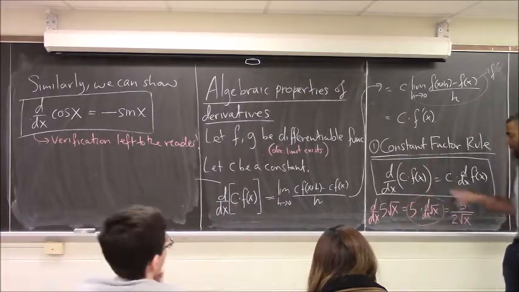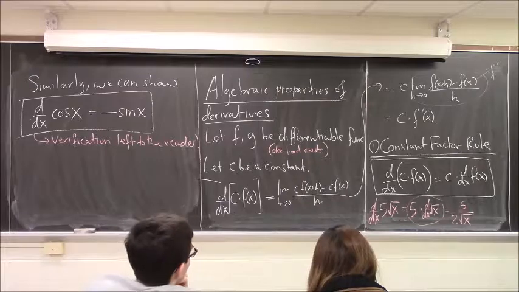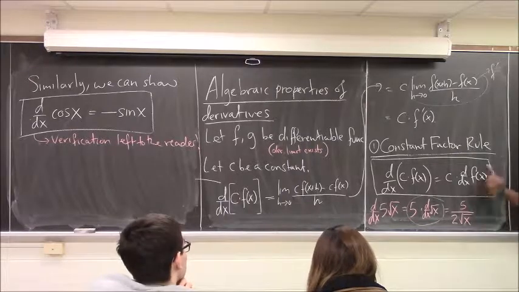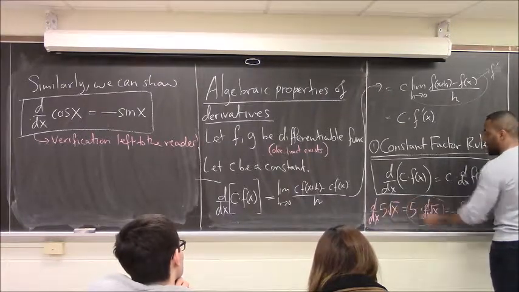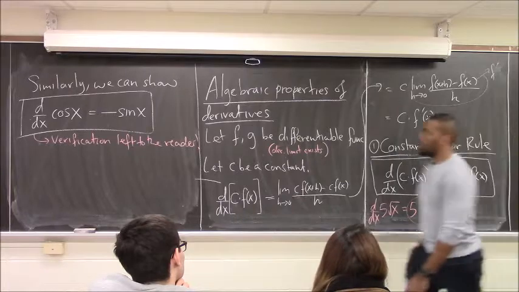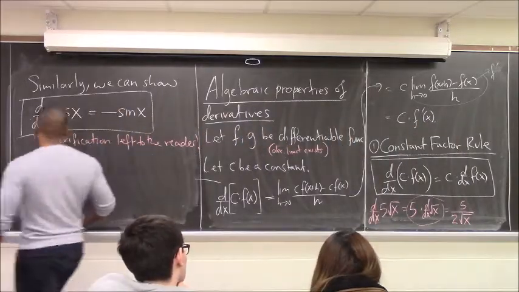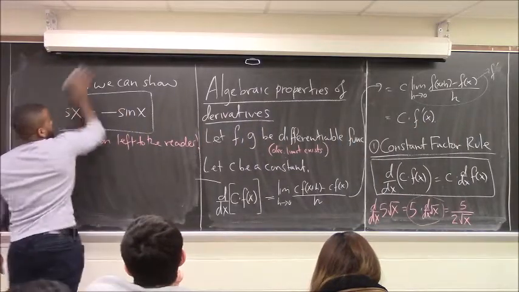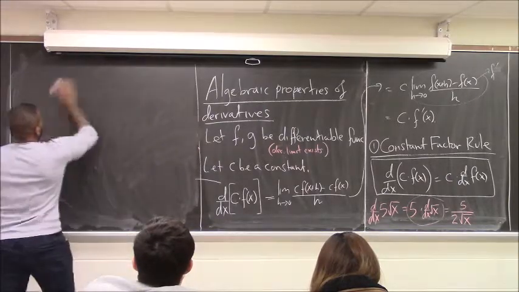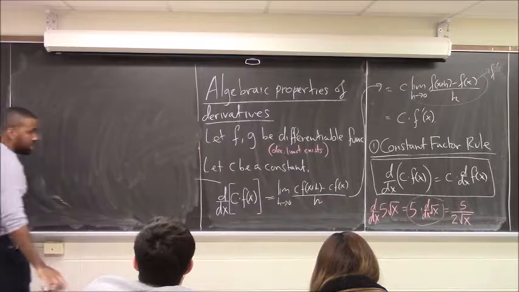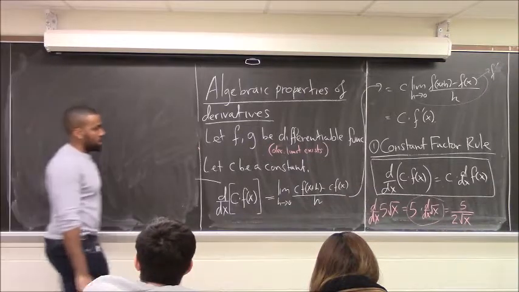If you jump from here to here, I'll accept it. But I just want to rewrite it out to emphasize the rule. You have a constant times a function. The derivative is just going to work on the variable part. The constant just hangs around, because constants can be factored out. So that's one property of derivatives. They behave very nicely with constant multipliers.